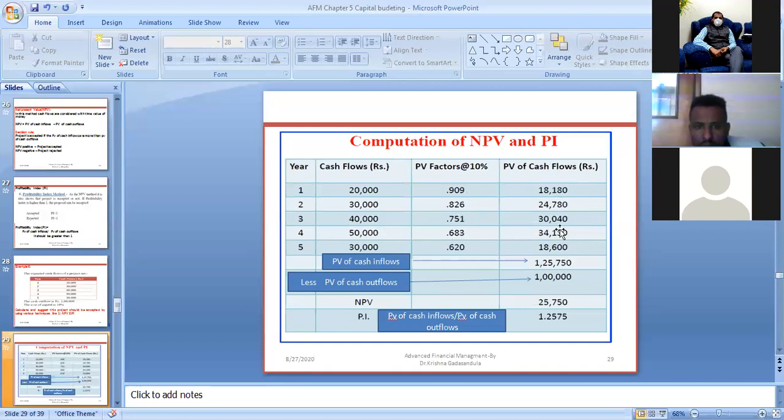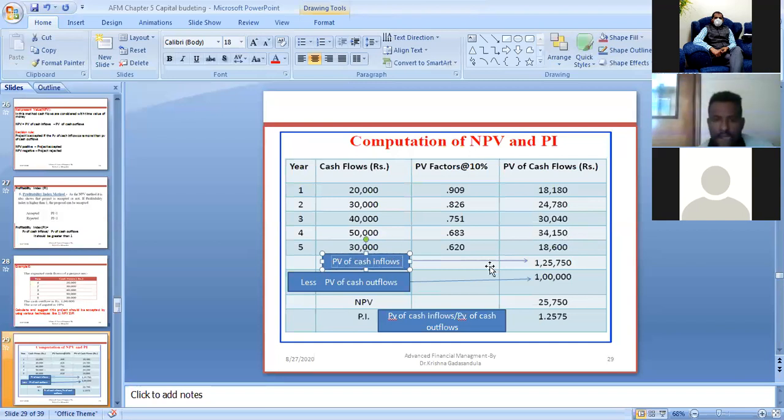Now you calculate the total: the sum of all these present values of cash inflows is 1,25,750. Minus, what is the formula for calculating NPV? Present value of cash inflows minus present value of cash outflows.